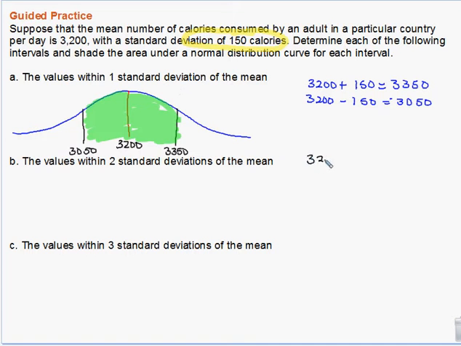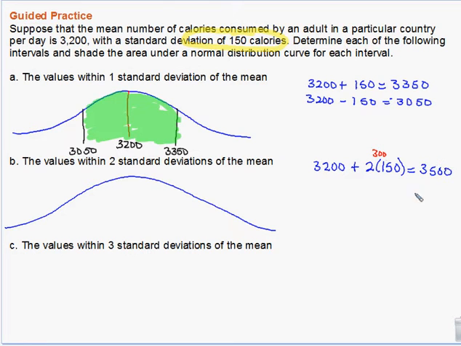Now if we do two standard deviations, I'm going to draw another curve. We're going to add two 150s, which will be 300, so 3,500. And if we take away two 150s, we have 2,900.